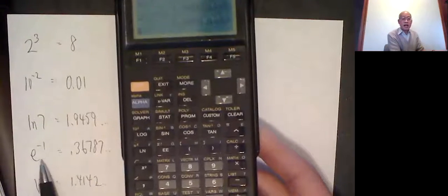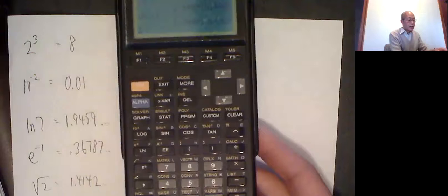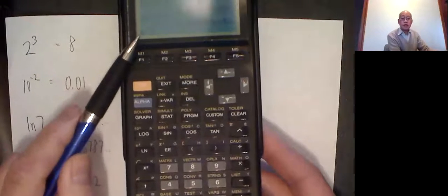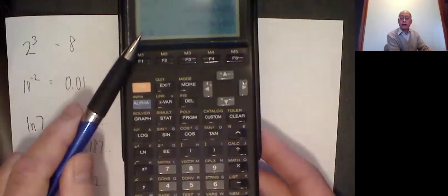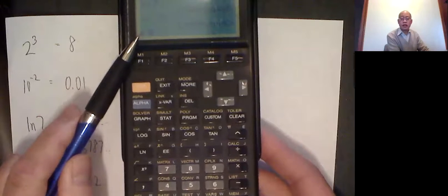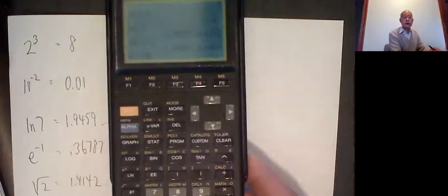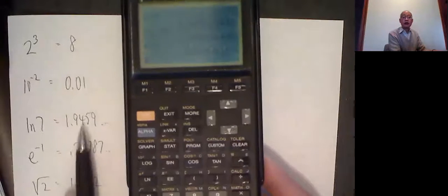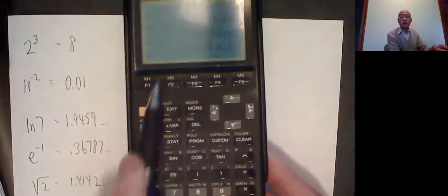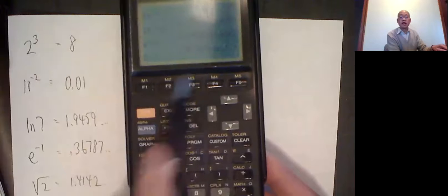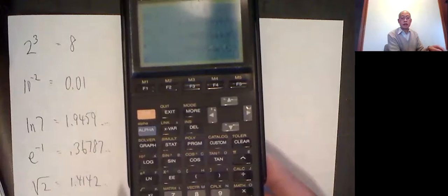So to get e to the -1, I hit second function, then the ln button, and it shows up with e raised to something. Some of you get a left paren; if there's a left paren, close it with a right paren. Then I want -1, so the negative button is right here. -1, and enter: 0.36787. If you can't see it, that's what it is, and it shows up better on this other calculator.